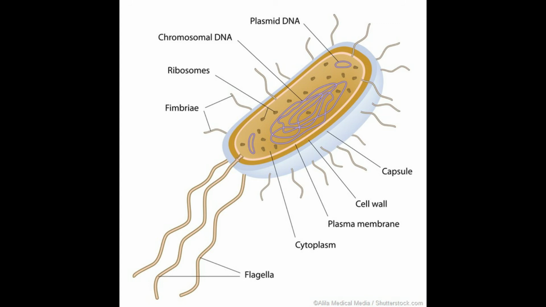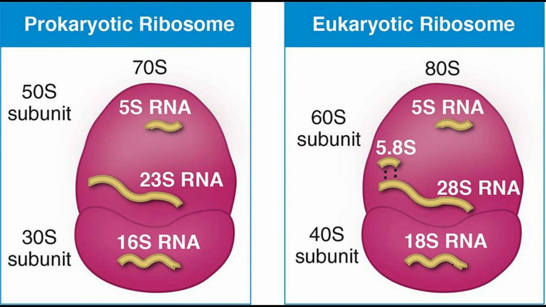Both prokaryotic and eukaryotic cells have ribosomes, tiny circles which are organelles that produce proteins, and vacuoles, small spaces in cells that store nutrients and help eliminate wastes.